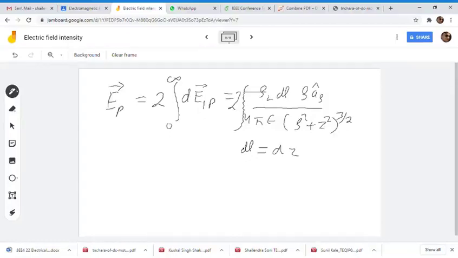So converting dl to dz and considering z to be rho cot theta, now just differentiate this. Your dz will be, differentiation of cot theta is minus cosec square theta, so minus rho cosec square theta d theta.